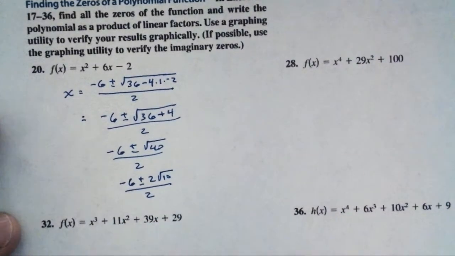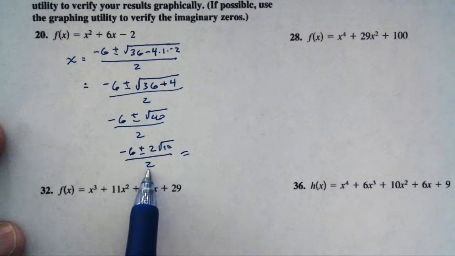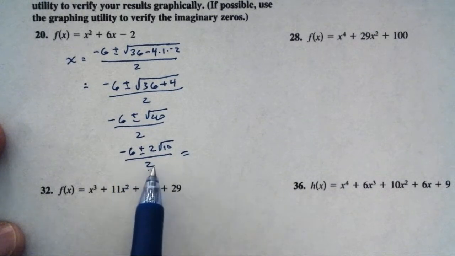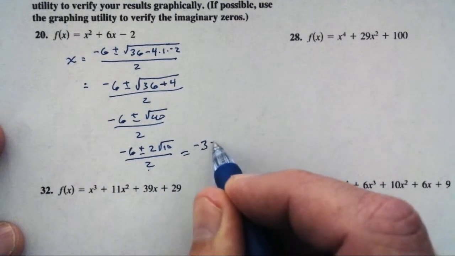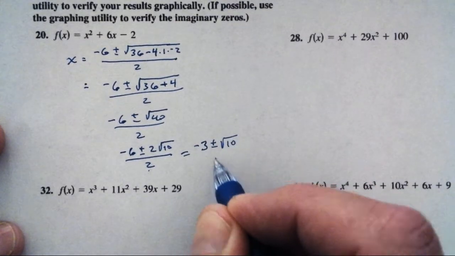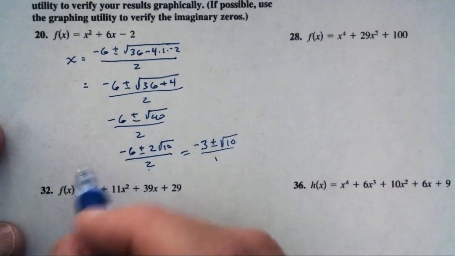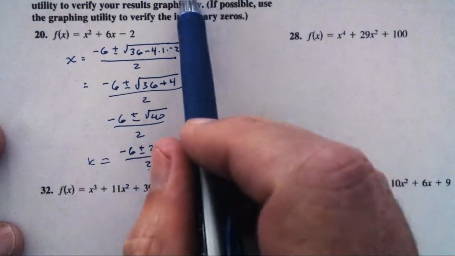And here's where mistakes are commonly made on this. I can't reduce the 6 and the 2, I can't reduce the 2 and the 2, but I can reduce the entire top and the bottom by 2: negative 3 plus or minus just one of these root 10s on 1. So there are my zeros right here, negative 3 plus or minus root 10.